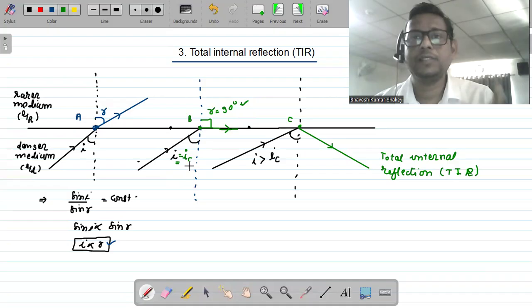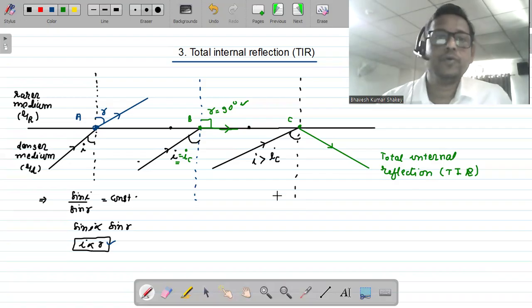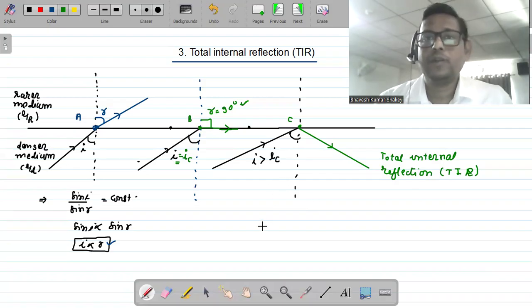So the critical angle is the angle of incidence at which the refracted angle becomes 90 degrees. If I further increase the angle of incidence more than the critical angle, then this refracted ray will come back into the same medium, and that is called reflection. That kind of reflection is called total internal reflection. So I hope you understand the concept of total internal reflection.